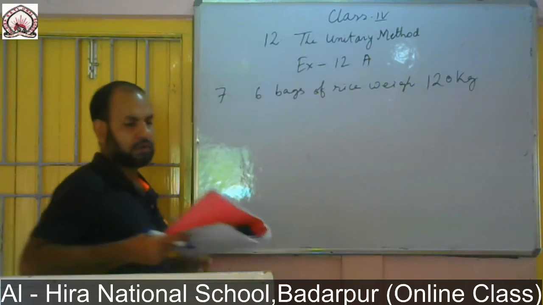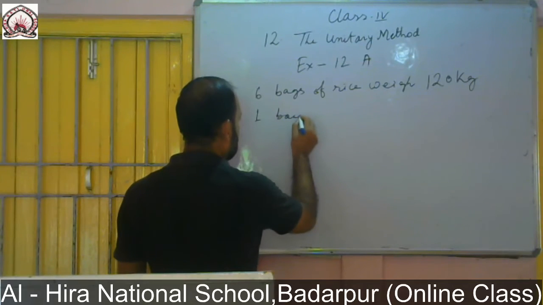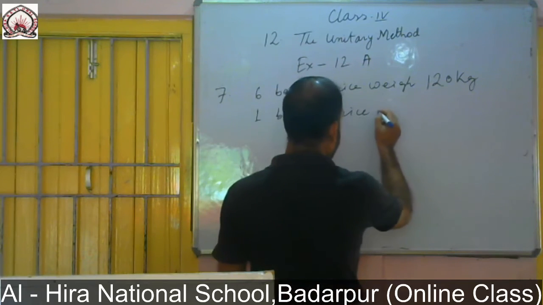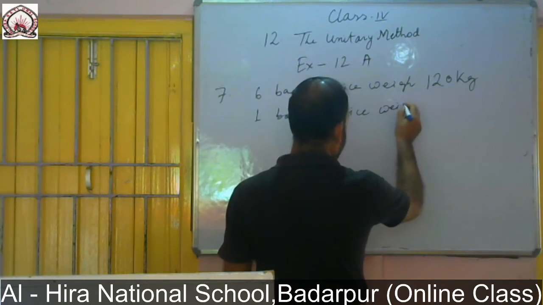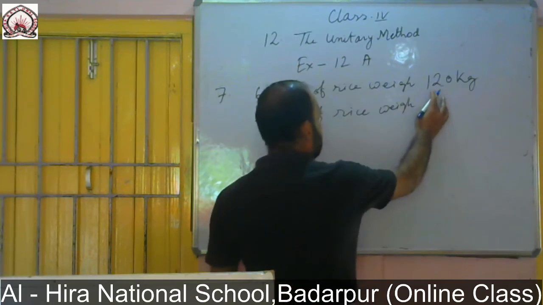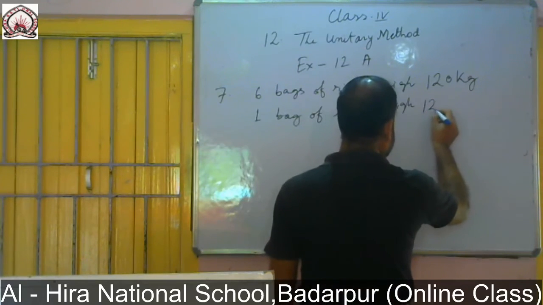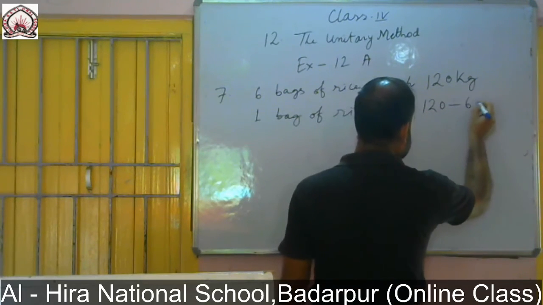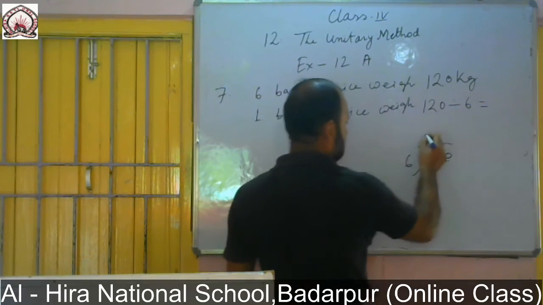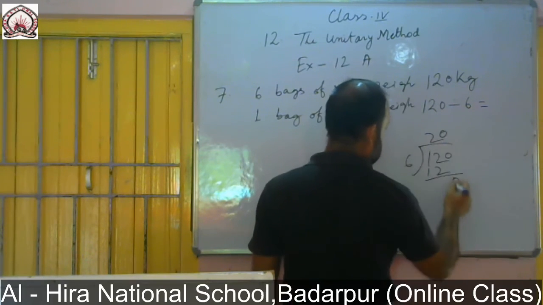Now we take out what? 1 bag. 1 bag of rice weighs 120 kg divided by 6. 120 divided by 6: 6 twos are 12, remainder 0, 6 zeros are 0.